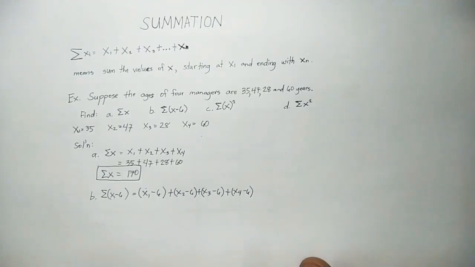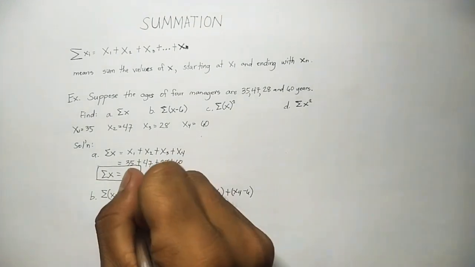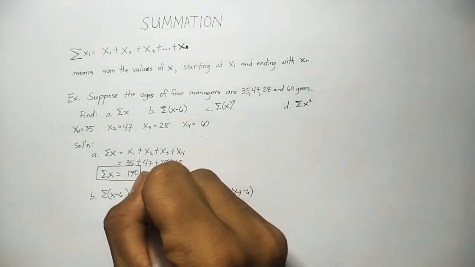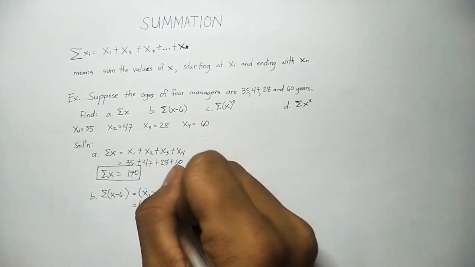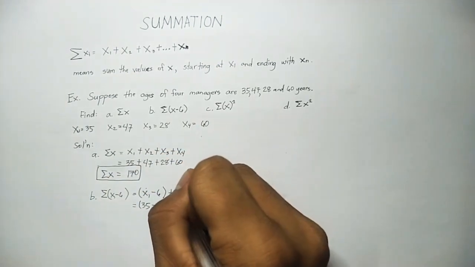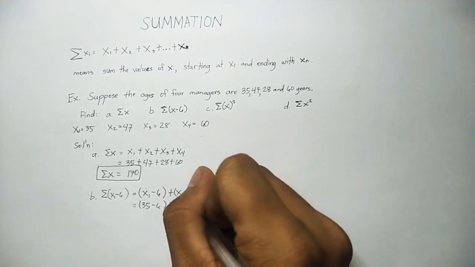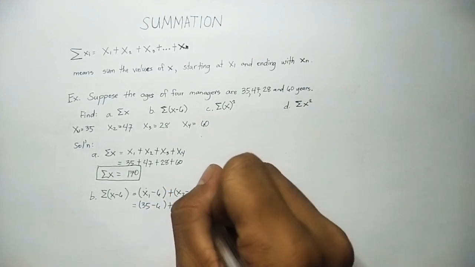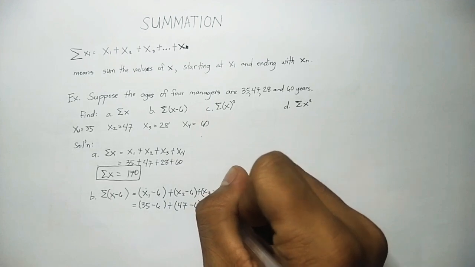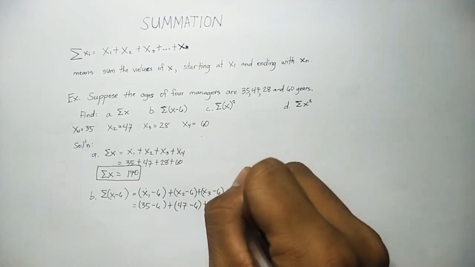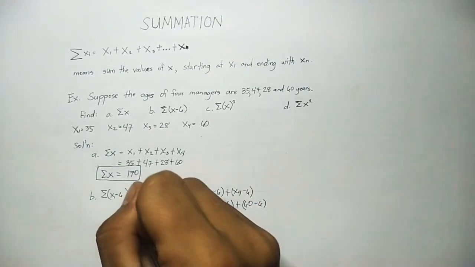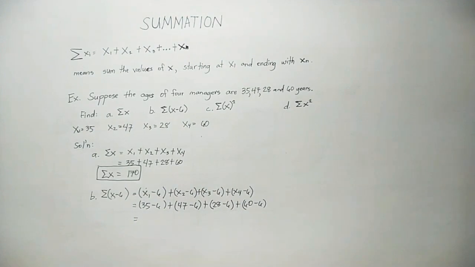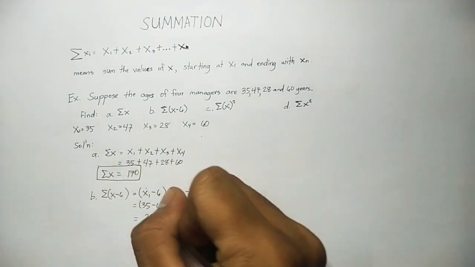So, we have to substitute the value of our x. So, x sub 1, we have 35 minus 6 plus 47 minus 6 plus 28 minus 6 and then yung our last is 60 minus 6. Okay. So 35 minus 6 is equals to 29.